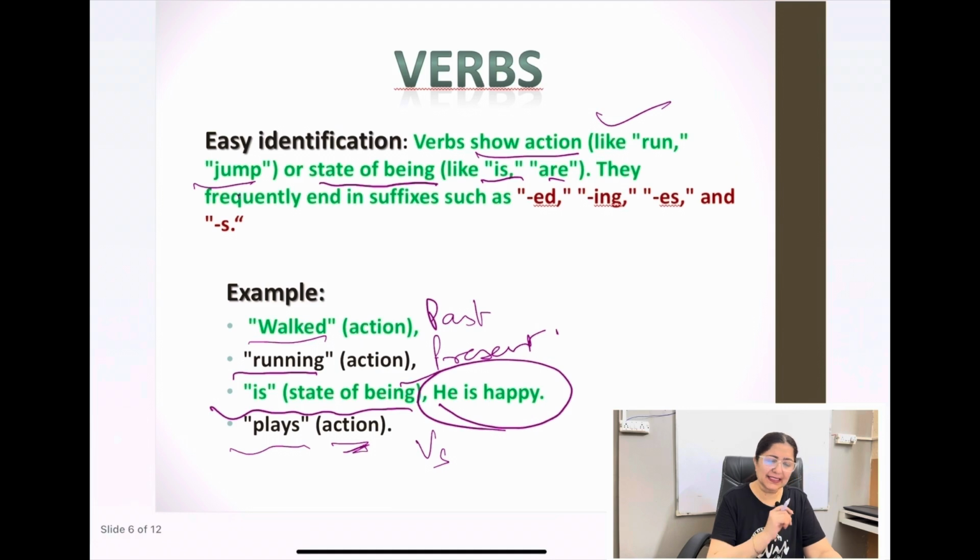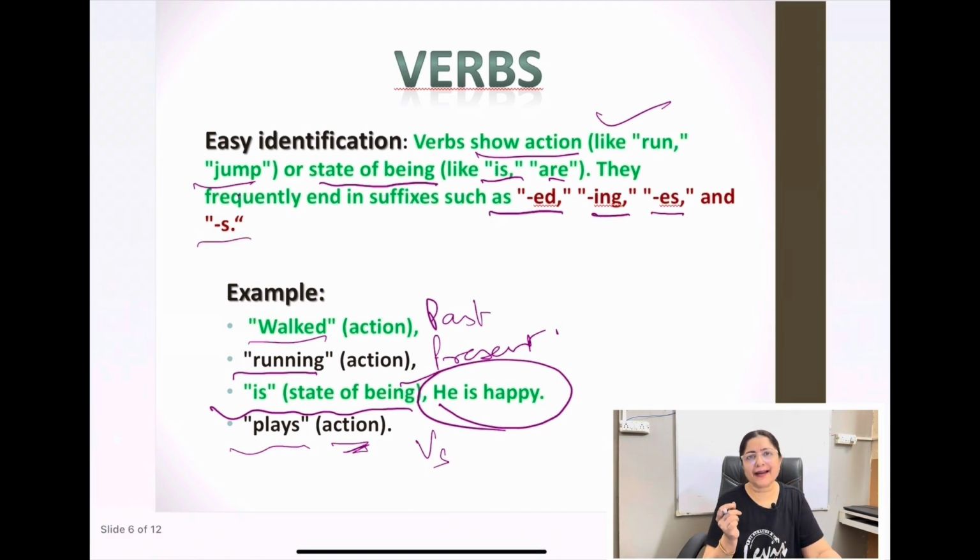Now besides these words, you can remember verbs by the words that end with some of the suffixes. So we have done this for nouns, like we can remember words which end with particular suffixes. There are some words that end with particular suffixes and we can identify them as adjectives. Similarly, we can identify some words as verbs also. For example, ed, ing, es or s.